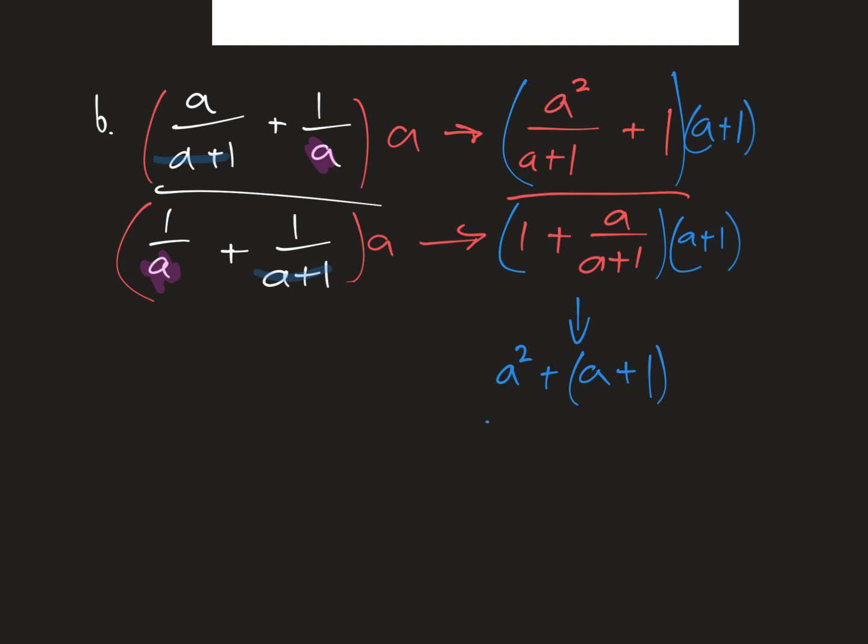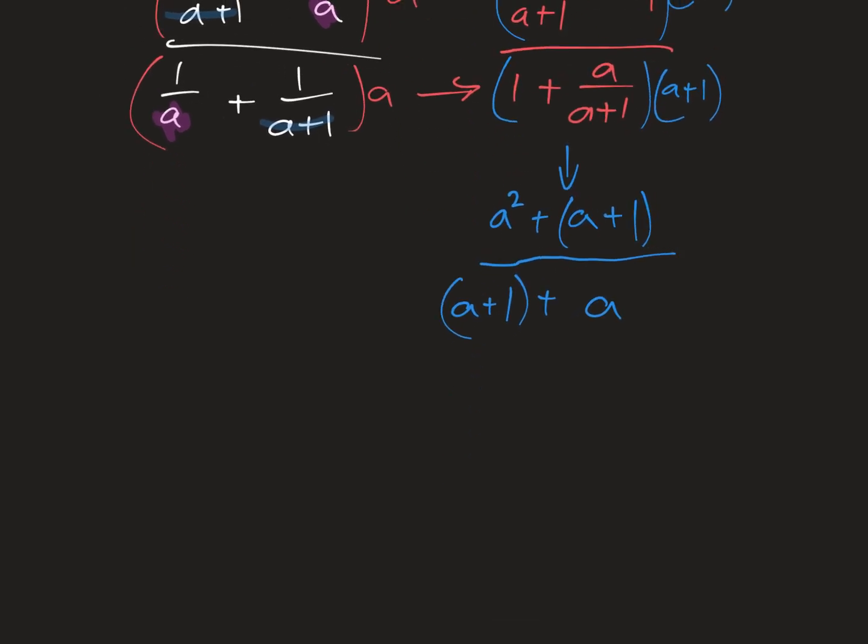On bottom, I've got a plus 1 times, or plus a. Okay, and kind of in the simplest form, we've got this. A squared plus a plus 1 over 2a plus 1. And so for that, you can see all I did was I combined the like terms here.